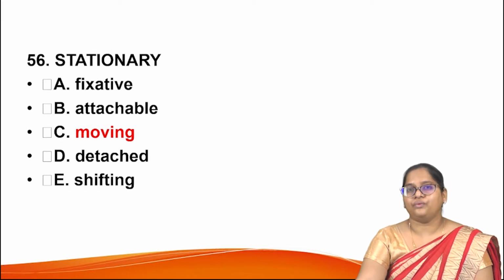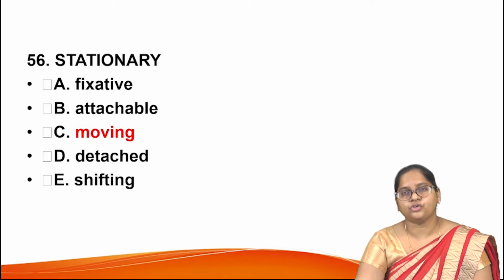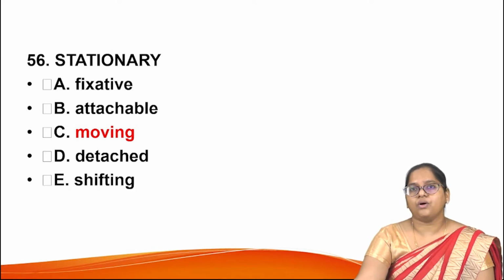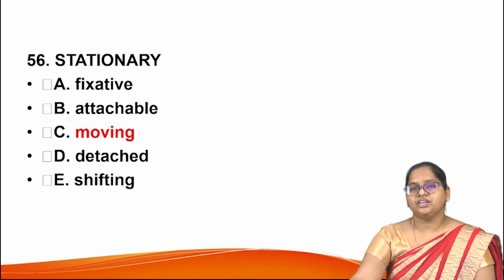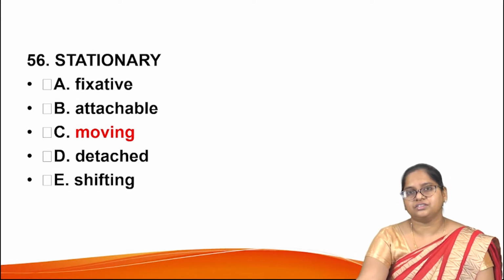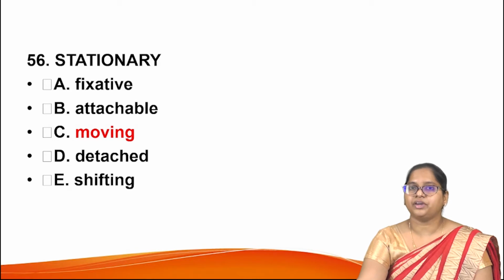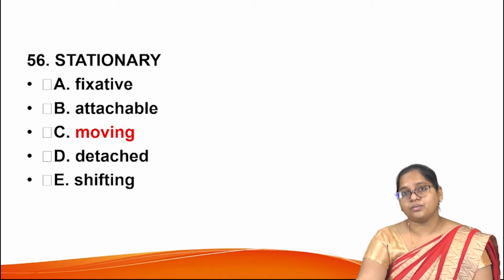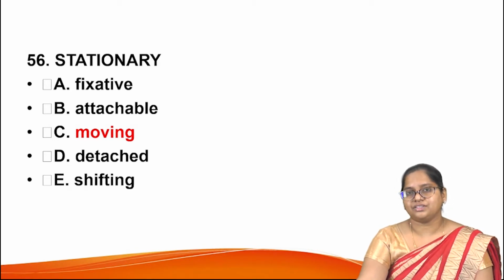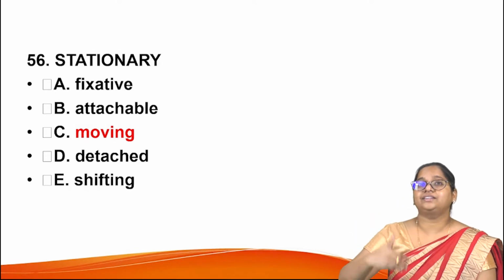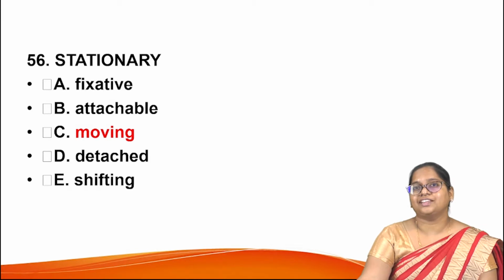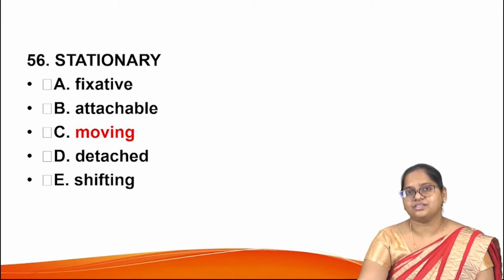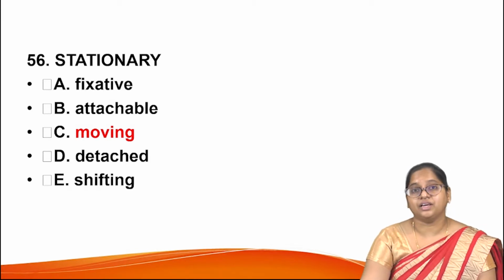Third one, moving. Let's think about that option a little later. Fourth, detached. Attachable and detached are just to divert your concentration. It's not about attachment or detachment. They are the same, but nothing to do with the question word asked. So you can definitely eliminate it.